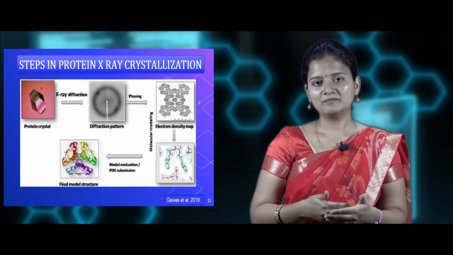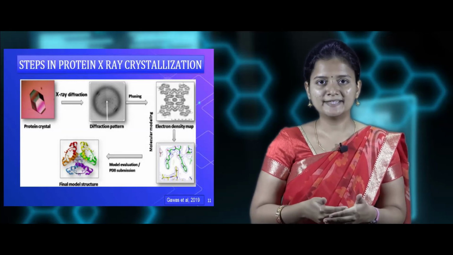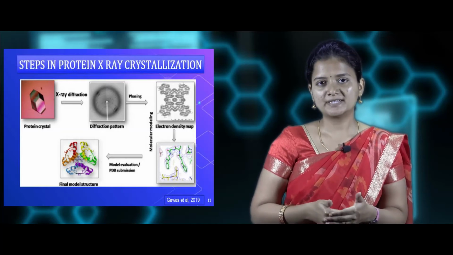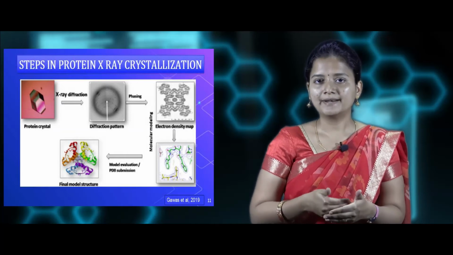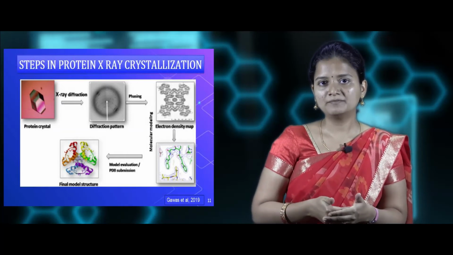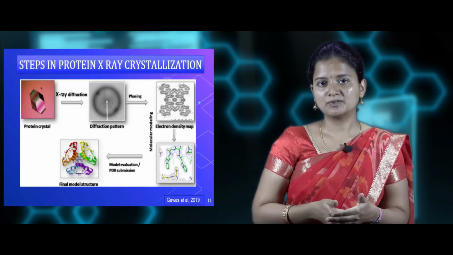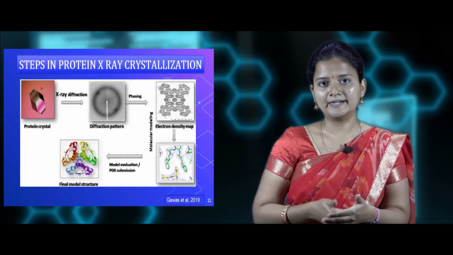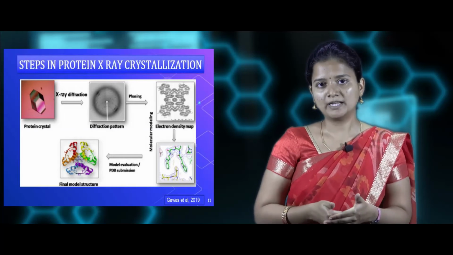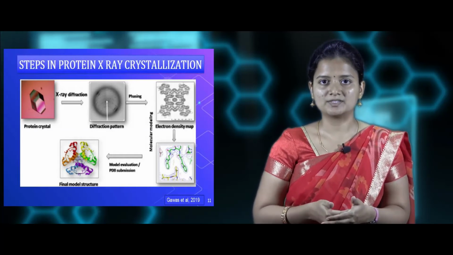The diffraction pattern will go to the next stage, called phasing. In phasing, we will get the electron density map. Here the Fourier transform concept will be applied to get the electron density map. With the help of that, we will get the 3D structure of the protein. Once the 3D structure of the protein is generated, you can submit the model to the online databases. With the help of the online databases, many researchers can use those structures.